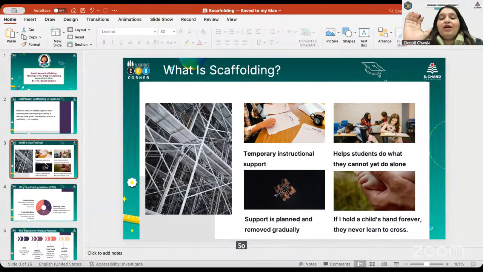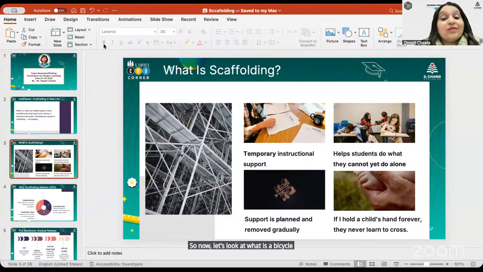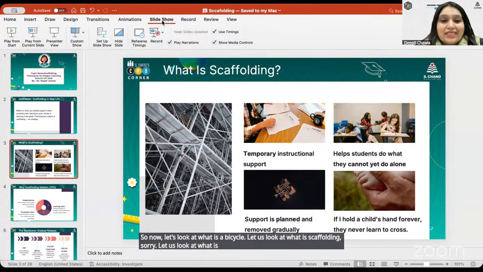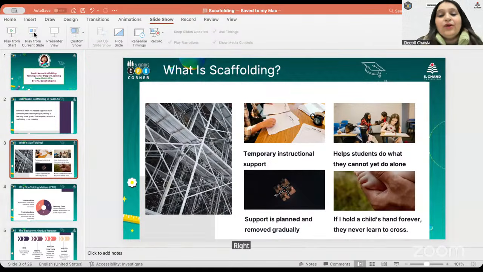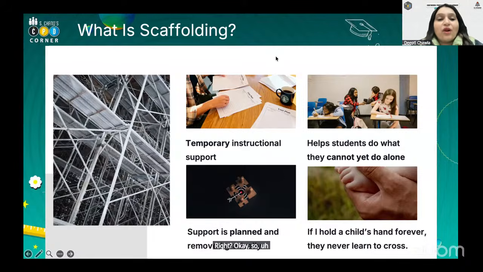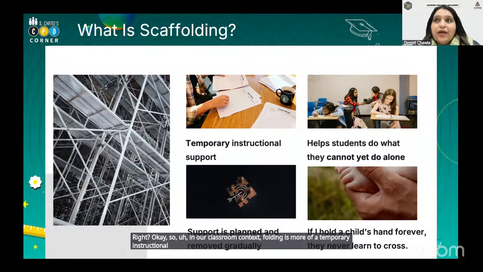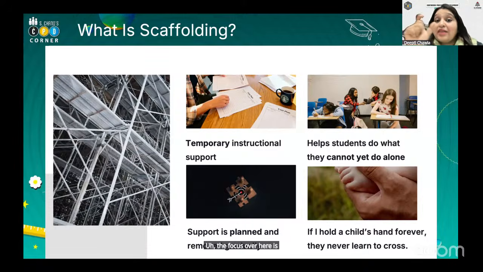So now let us look at what scaffolding is in detail. In our classroom context, scaffolding is more of a temporary instructional support. The focus over here is on instructional support and temporary, and I'll decode this for you.